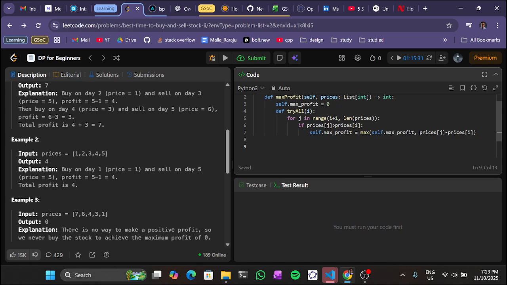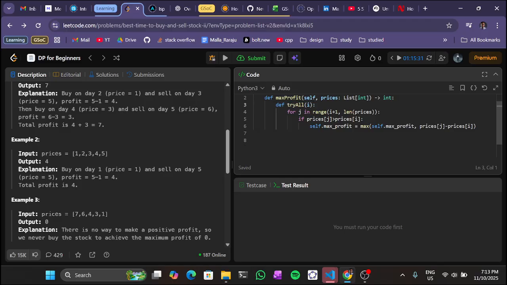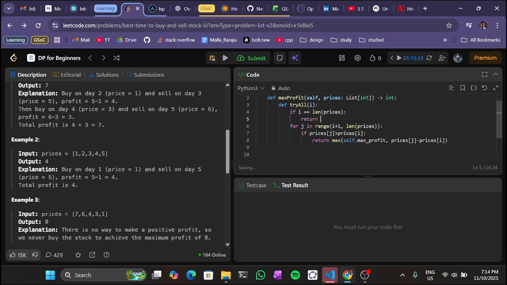We have to return something. We'll return 0.